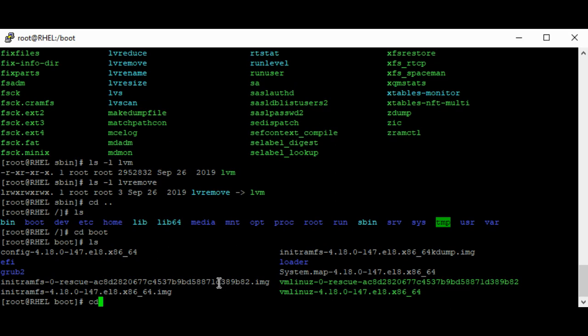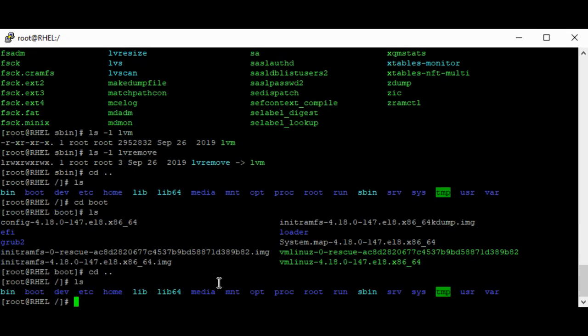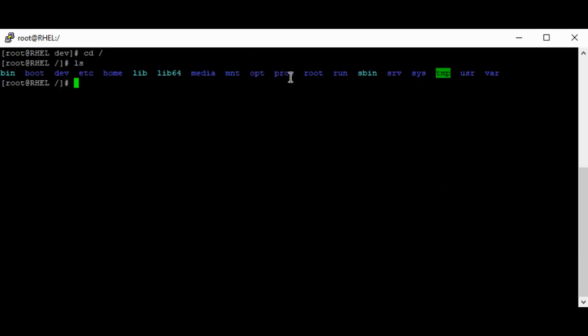So let's look at the next directory. Okay, we have the dev directory. The dev directory stores all the device related files for the system. Examples of the devices are the block devices, the disk, the CD-ROM, and partitions.